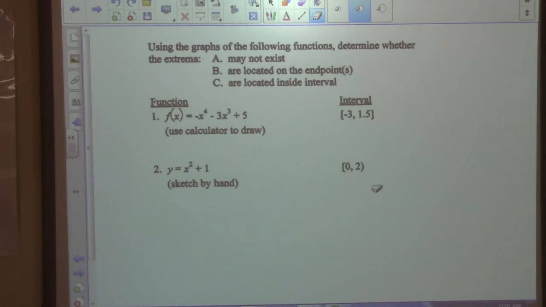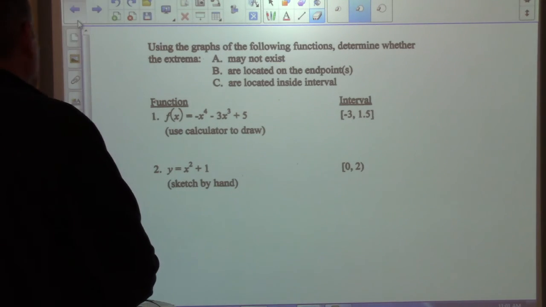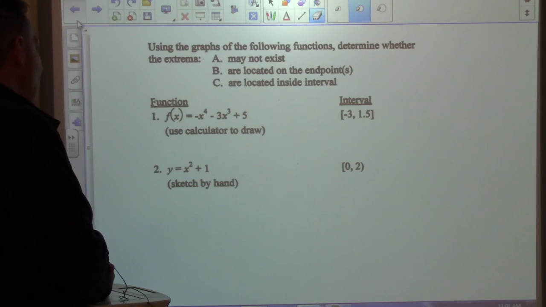For number 1, do the maximum and minimum, or extrema, exist? Even before you put it in the calculator, does the extreme value theorem apply? Yes.